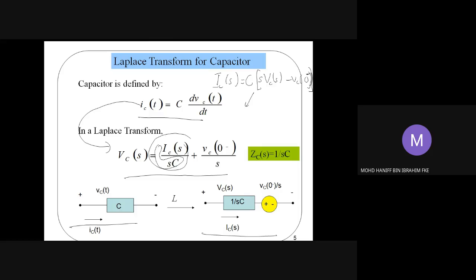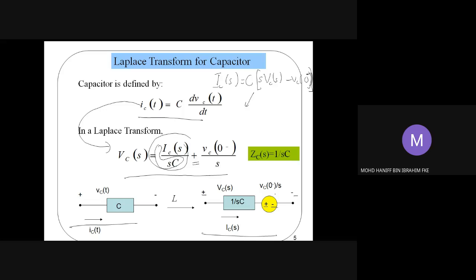One more thing to be reminded of: please note that the sign of the voltage source follows the sign of the voltage drop, because we have a net positive sign here. So the sign of this voltage source will be the same, positive and negative.